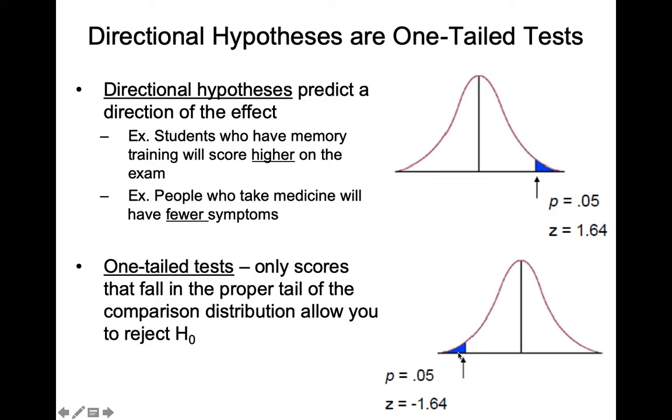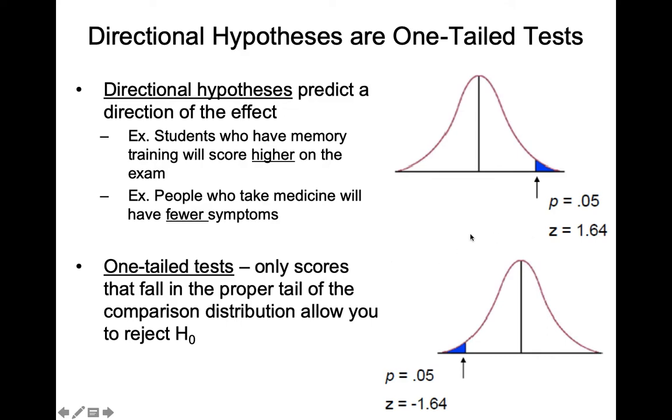Therefore, it only makes sense to look for a sample result that is in the lower tail of the distribution. Okay? An increase is associated with the upper tail of the distribution. A decrease is associated with the lower tail of the distribution. But in either test, it's only a single tail of the distribution, a one-tailed test.